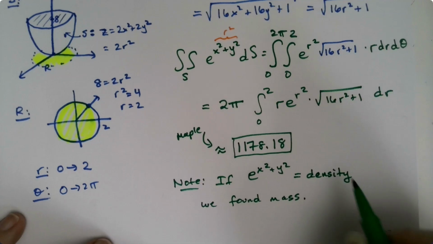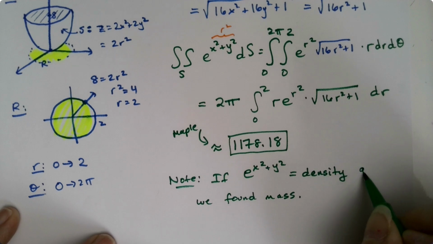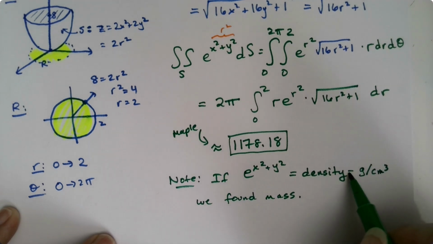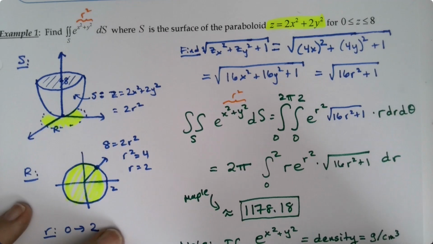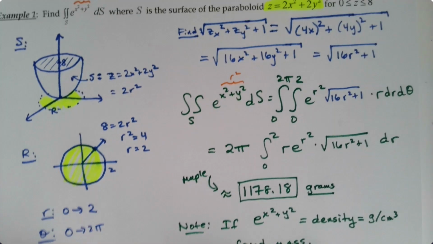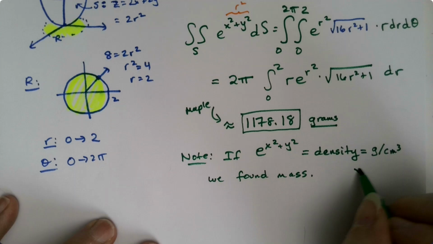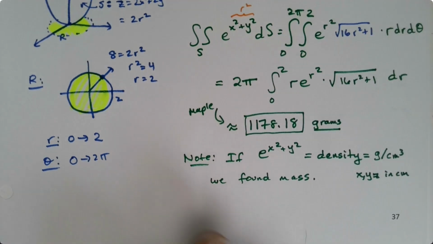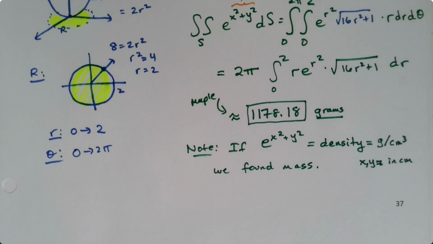So for example, if the density was, for example, grams per centimeters cubed, right, that's density. And if x, y, and z were in centimeters, we would find grams right here. Units were not given, but if x, y, z were in centimeters, that would make them go away, and then you'd have grams as the unit for your answer, I should say.